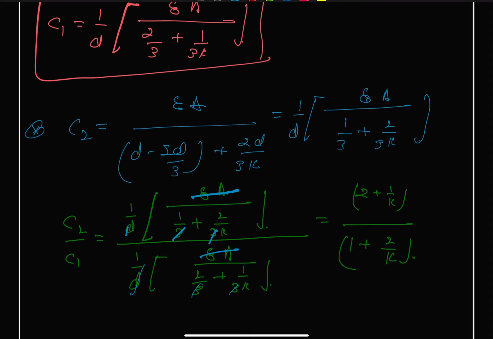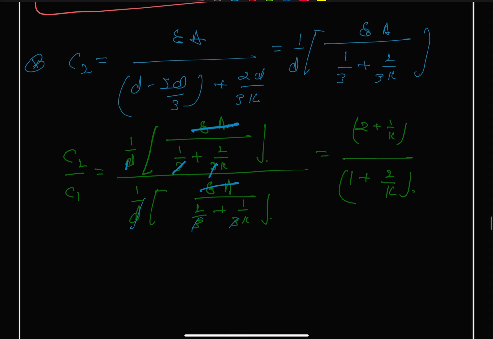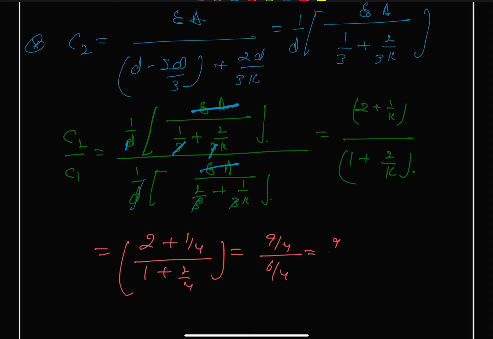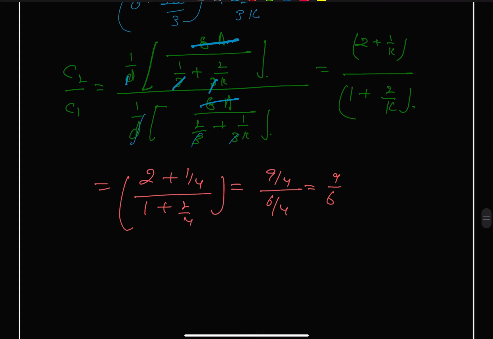Value of k is given to us as 4. Therefore, we substitute it. We get 2 plus 1 by 4, divided by 1 plus 2 by 4. So this comes as 8 plus 1 is 9 by 4, and this comes as 4 plus 2, that is 6 by 4, which gives us 9 by 6. C1 is given to us as 2.